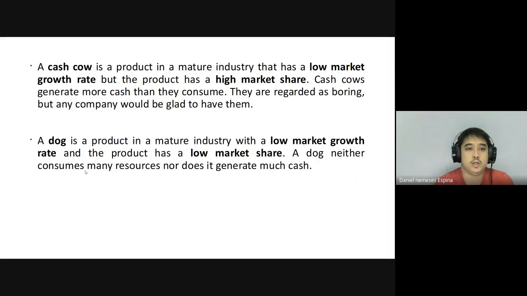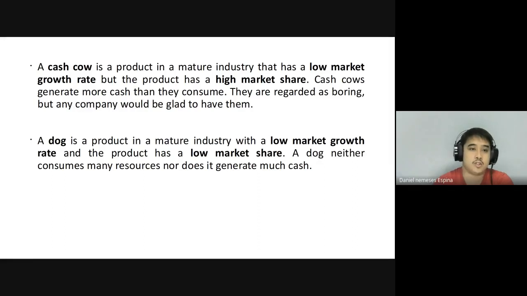Next symbol is called the cash cow. It is a product or business in the maturity stage that has a low market growth rate. So its market growth rate is low, but the product has a high market share. These are the usual products that are famous in the market and regularly consumed by the market.